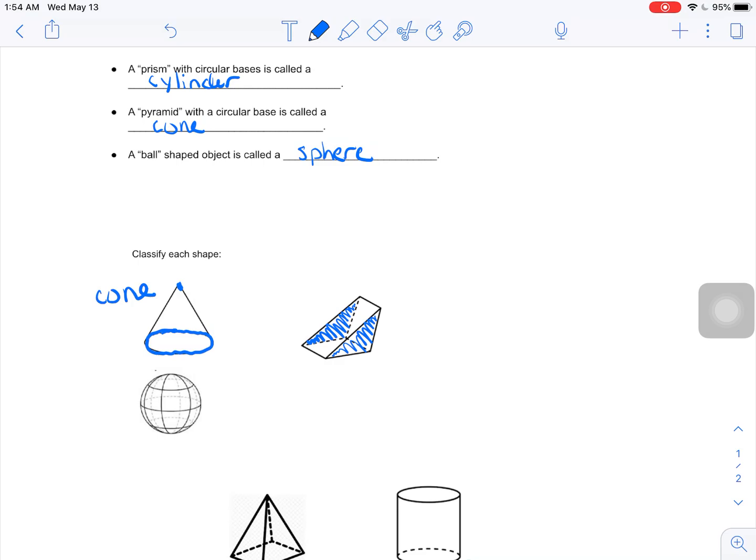So that means that this is a prism. But I can take that a step further and name the prism based off of those parallel sides. Those two parallel sides are triangles. So this is a prism, but I'm going to take it one step further and say that it is a triangular prism.